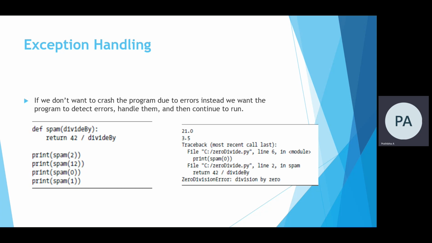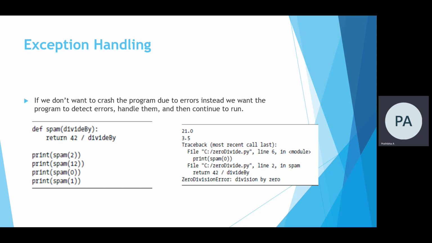First, if I call print(spam(2)), I am calling the function spam with the argument 2, so it divides 42 by 2, and that value is returned back to the print statement. So it is going to print 21.0.